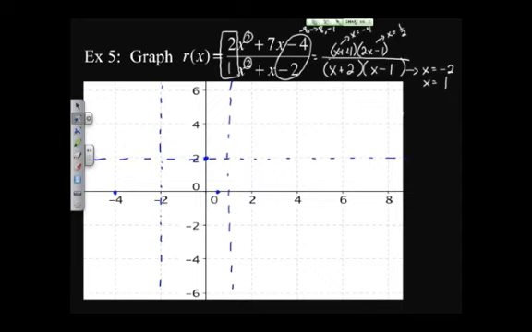The last thing we want to do here before we draw our curve is make a little t-chart. And what we're going to do is just pick some points on either side of these asymptotes. So let's pick maybe -3. Notice we've already got the -4 value there. We've already got 2 values in between those 2 asymptotes, and we need a couple values over here, so let's pick 2 and 3.